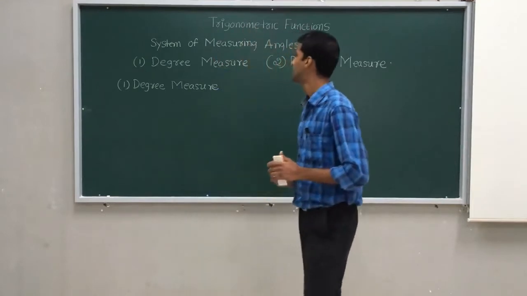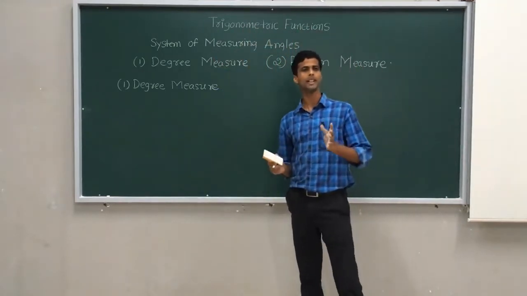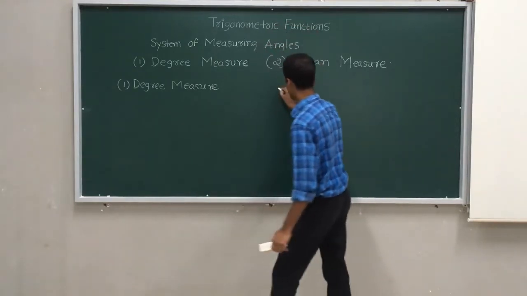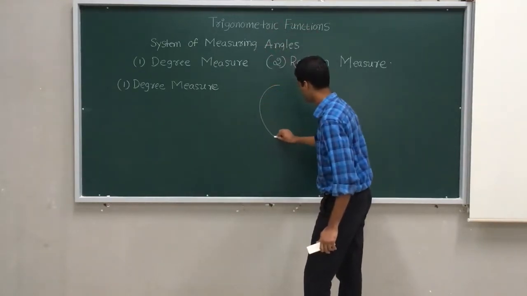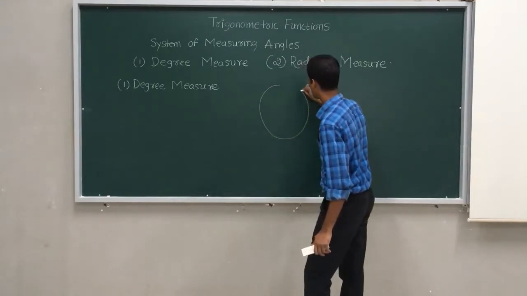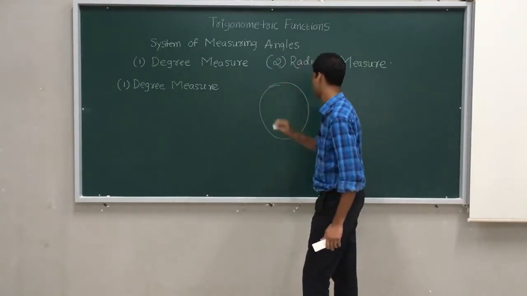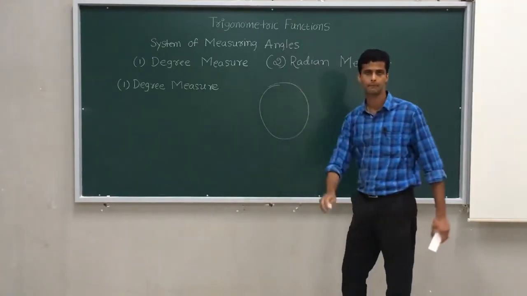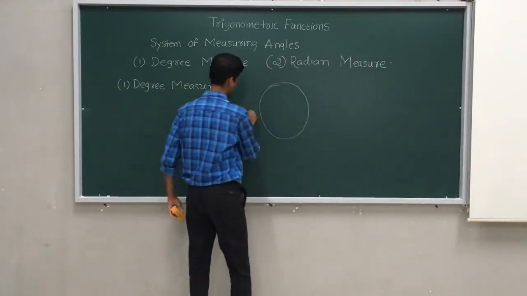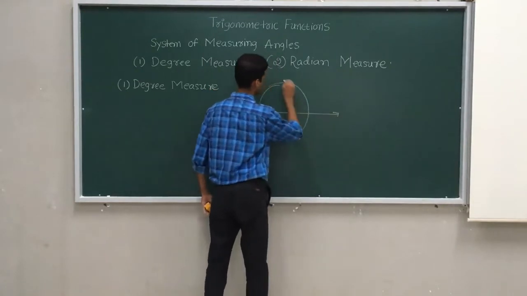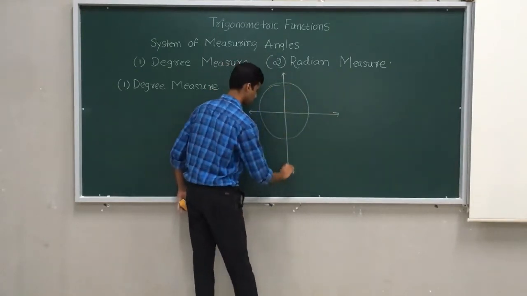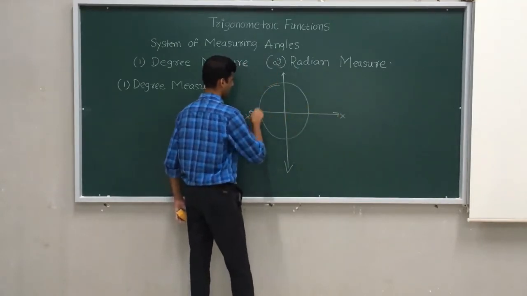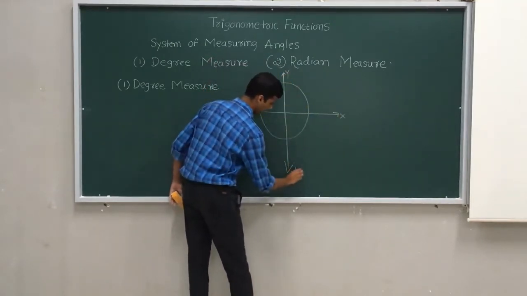See, let me explain you in a very simple concept. I will consider one circle. It's not exactly round, but we have to consider one circle. We will take the diagram in this way. I will take this as positive x, this is negative x, positive y, negative y.